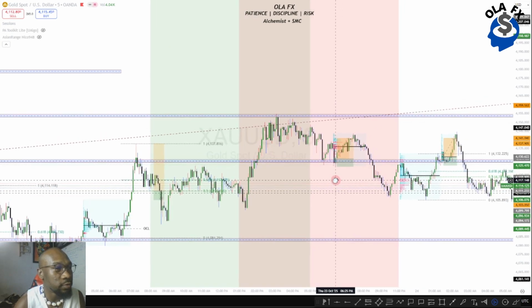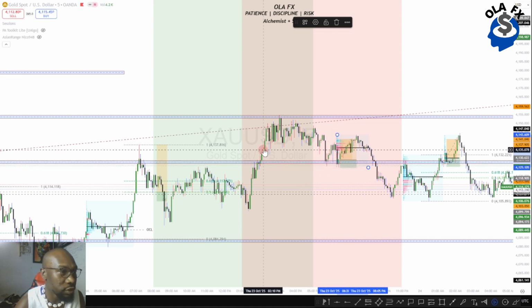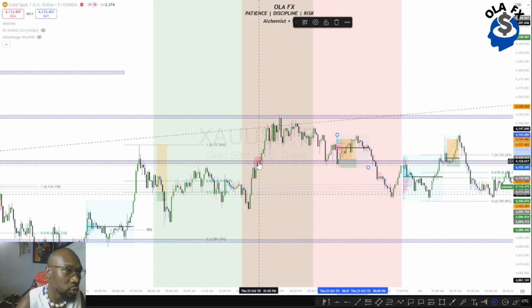So for this particular trade, this fixed range, I also used it again at this point, but this particular trade was based on my psychological level, because I was waiting for a pullback, and this is a lone order block.